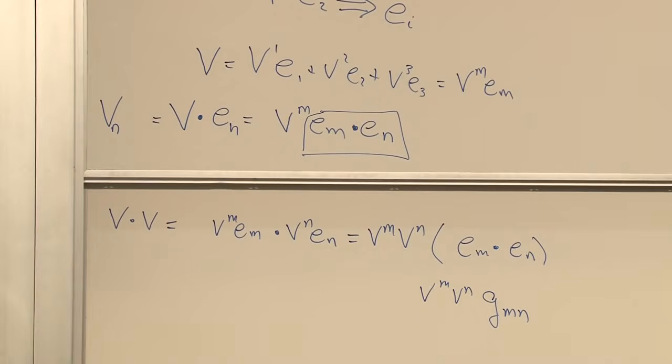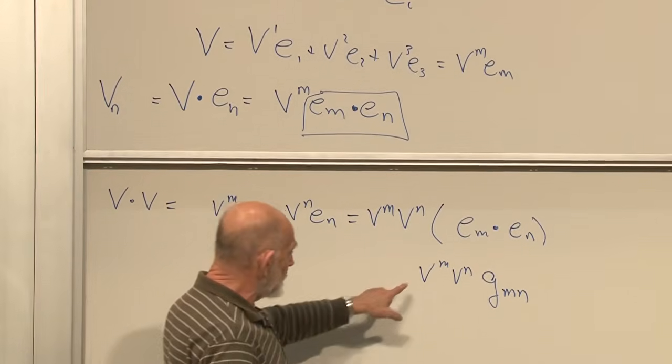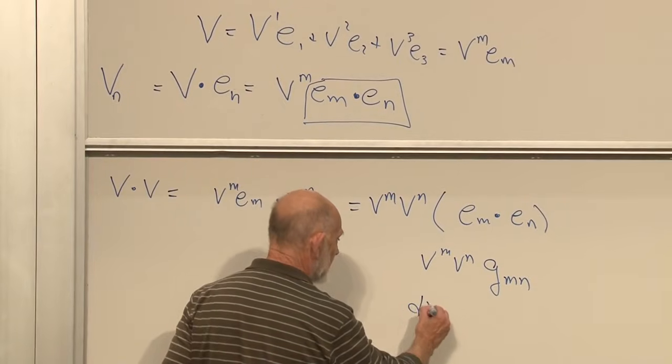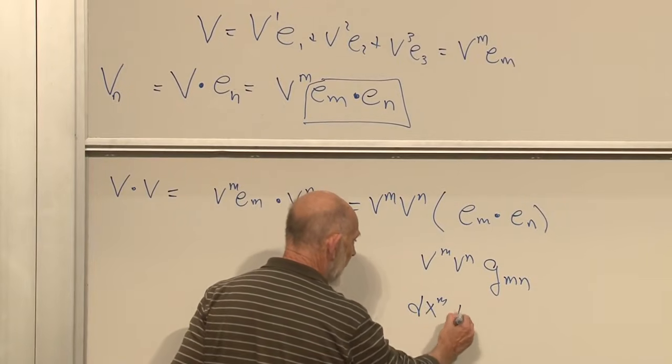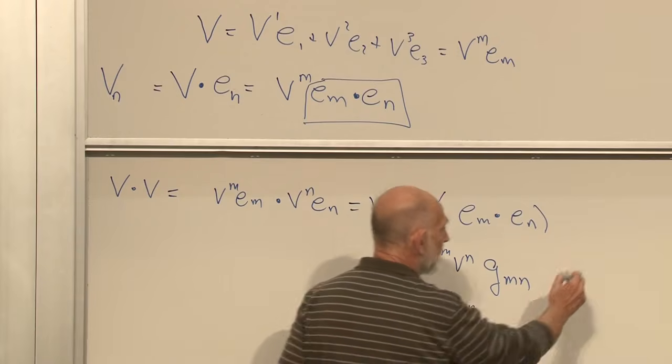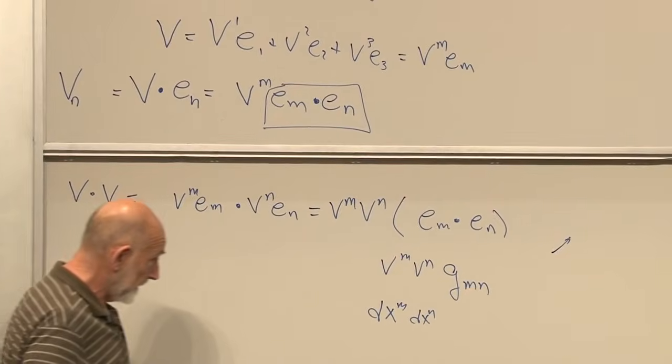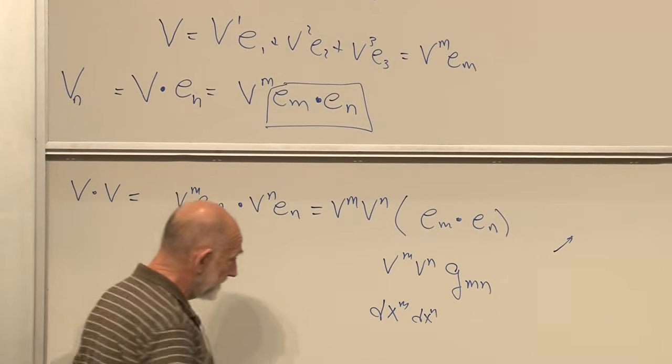This is the character of the metric tensor. The metric tensor tells you how to compute the length of a vector. The vector could be just dx^m and dx^n, and then we would just be computing the length of a little interval between two neighboring points, g_mn.